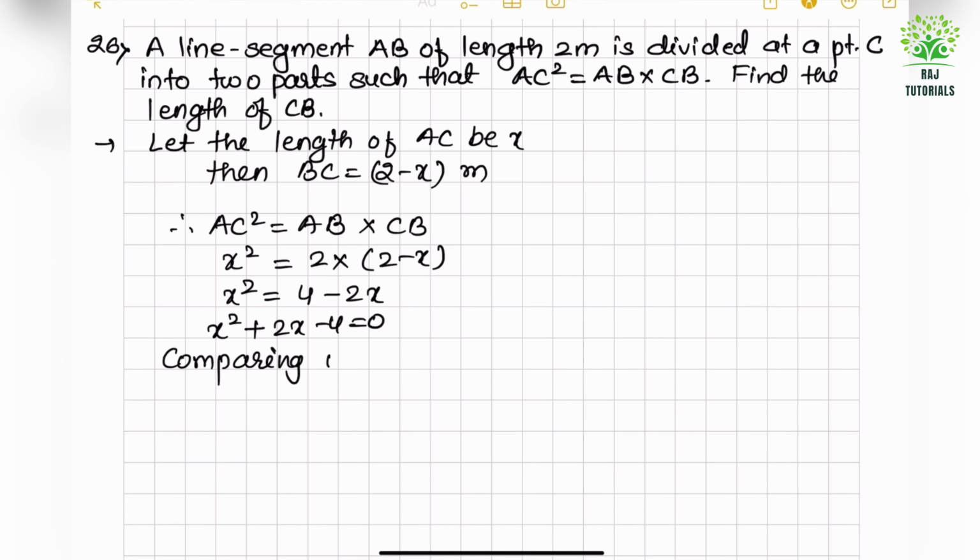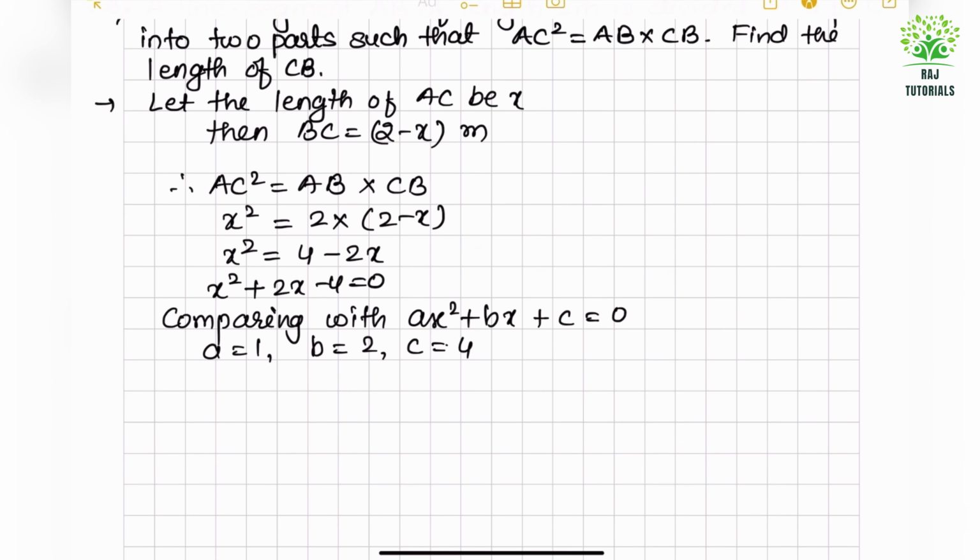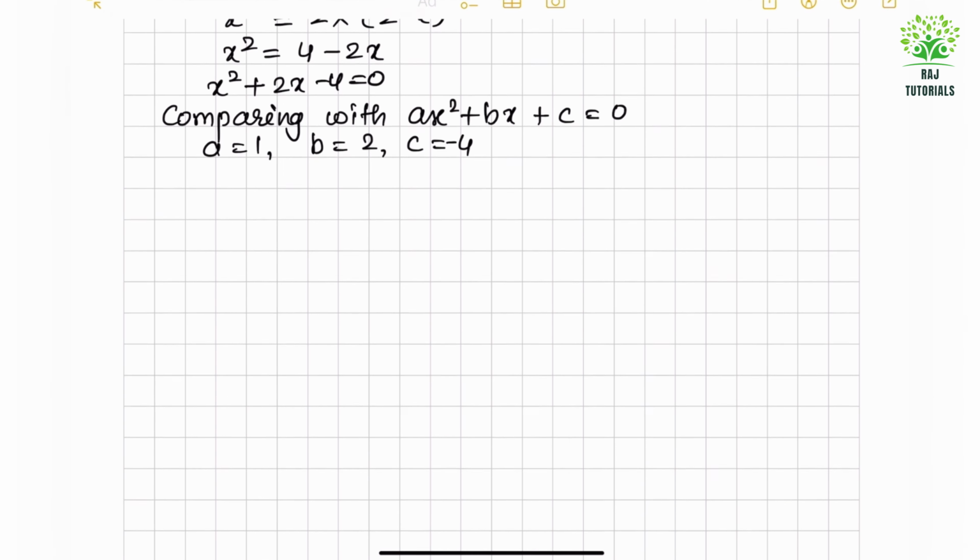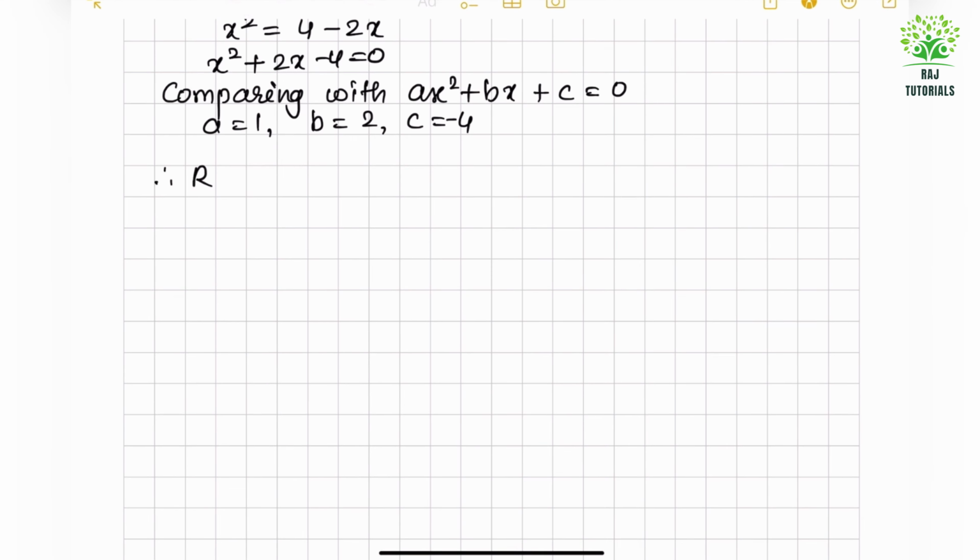Comparing with ax square plus bx plus c equal to 0, a equal to 1, b equal to 2, c equal to minus 4. So therefore roots will be x equal to minus b plus or minus root of b square minus 4ac upon 2a.